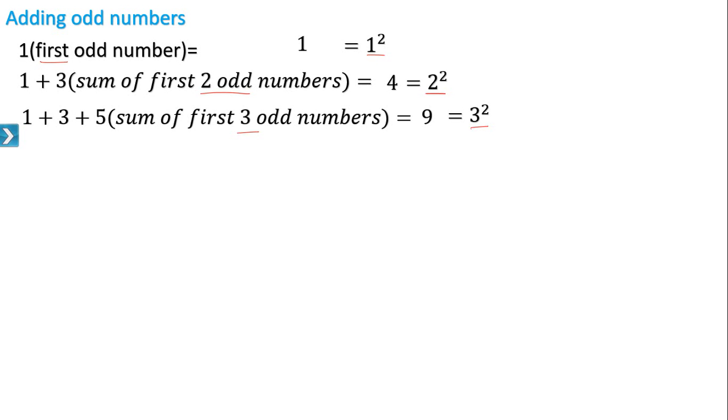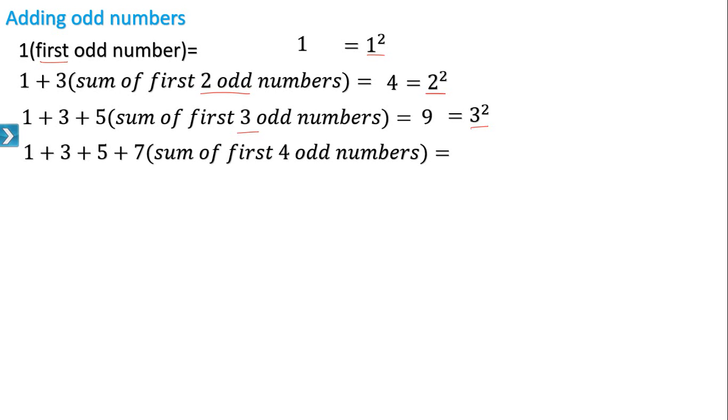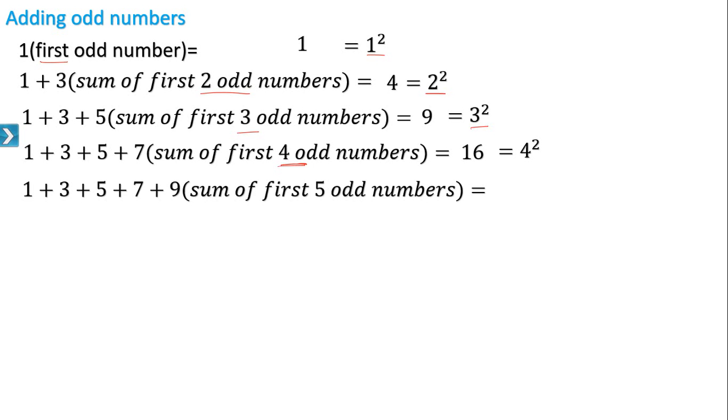Now without adding the odd numbers, you can see the sum of the first four odd numbers is equal to 4 square, that is 16. The sum of the first 5 odd numbers is equal to 25, that is 5 square.